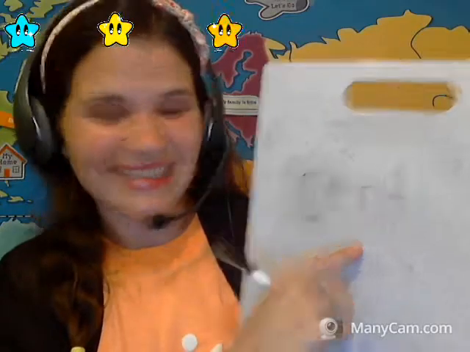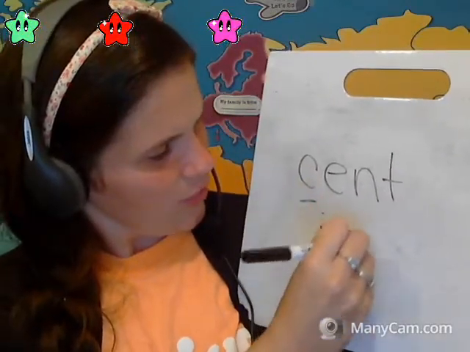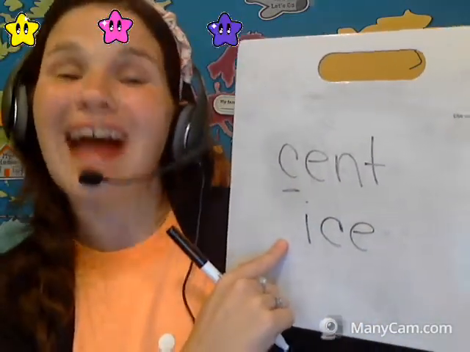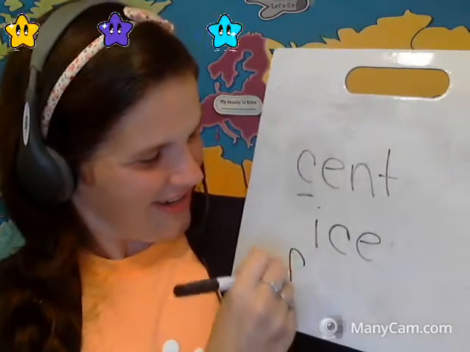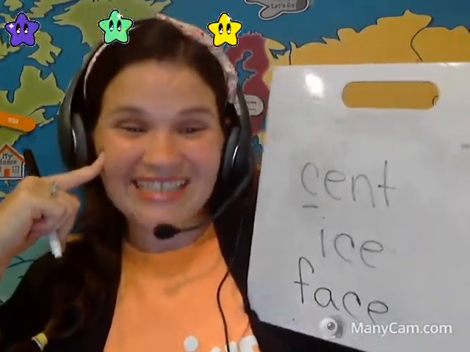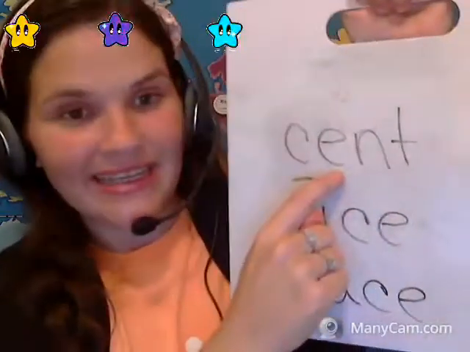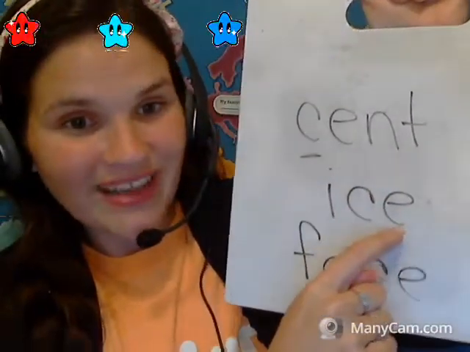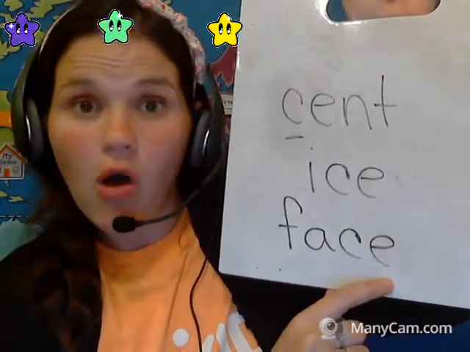Scent. Very good. What is this word? Ice. Very good. Face. Excellent. And the last one? Once. Very good. You can see there is an E that follows the C in all of these words.